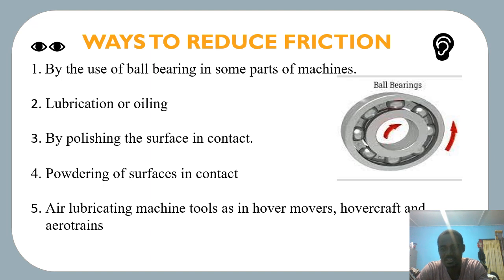Inside the truck we have this device, and the wood is placed here so that it will fit here. Then the balls will help the object to move. By doing so, we are reducing friction to the minimum level so that movement is possible.